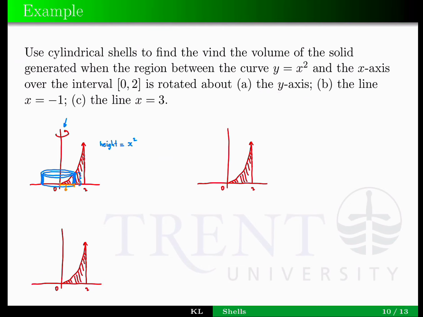That will be your average radius. So in here, the average radius will be simply x, which means volume equals the integral. The strips will run from 0 to 2, and we have 2 pi, average radius x, height x squared, and then dx.